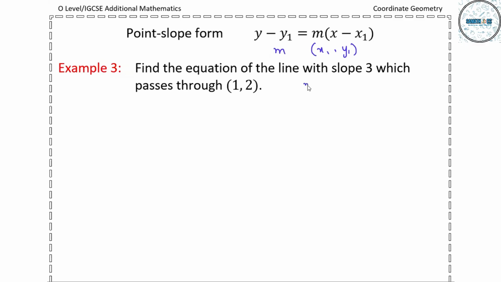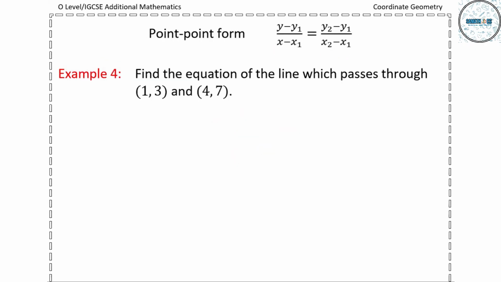Here, m is 3 and the coordinates of a point are (1, 2). We can simply substitute in this form of the equation to find the equation of the line. y - 2 = 3(x - 1). We have now y - 2 = 3x - 3. So y = 3x - 1.